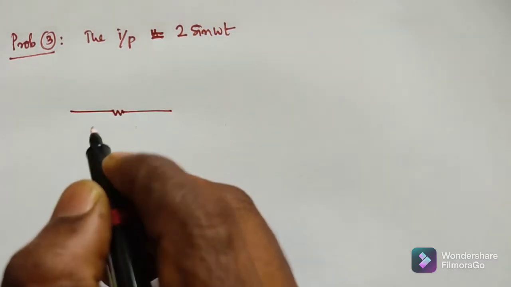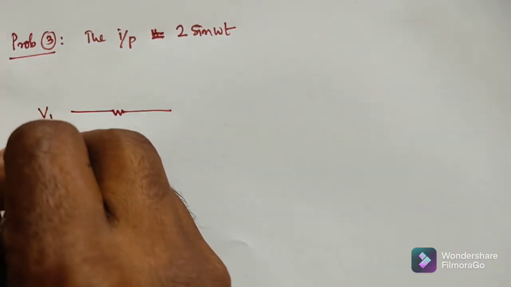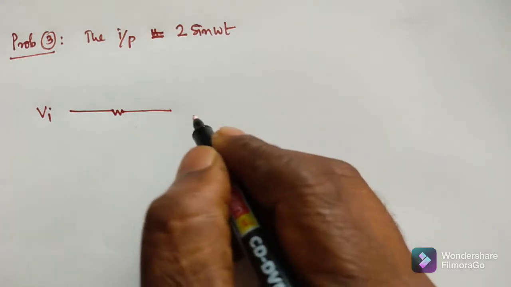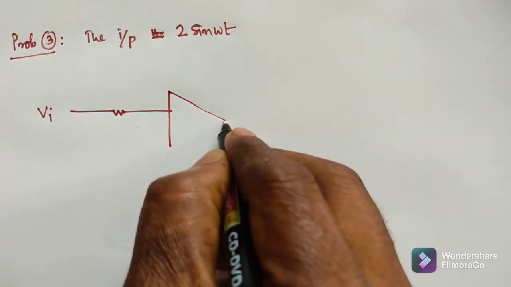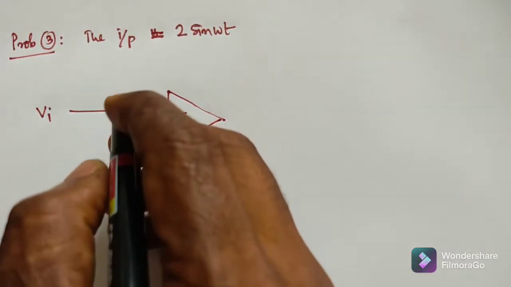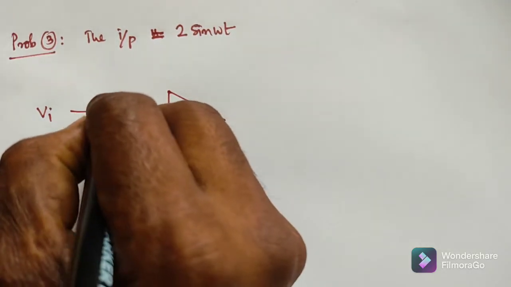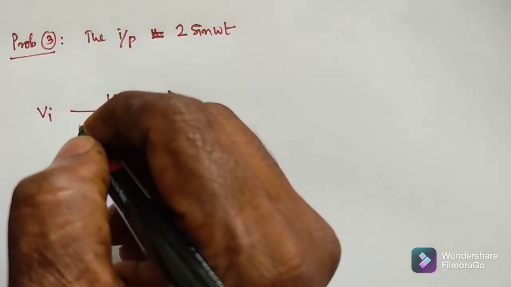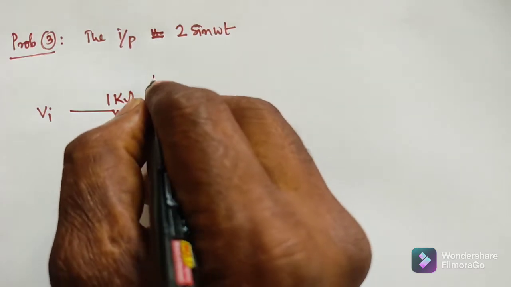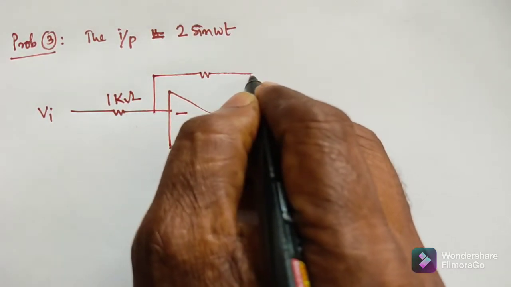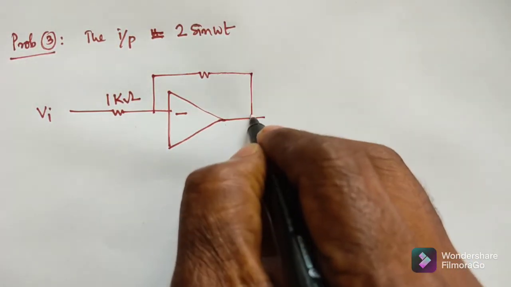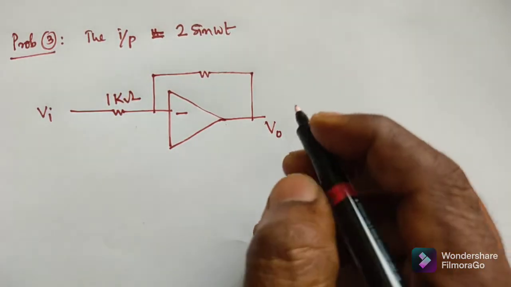Simply, I am taking one input voltage VI, which is connected to the negative terminal of the operational amplifier through a resistor of 1 kilo ohm. Take the feedback resistor from the negative terminal to the output voltage V0.